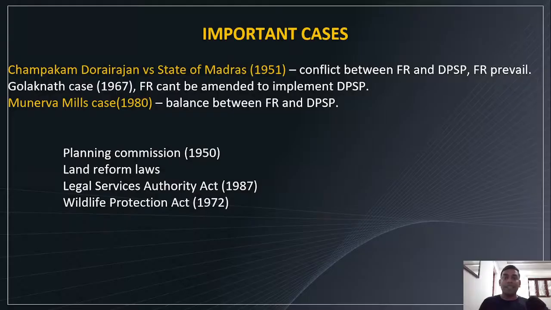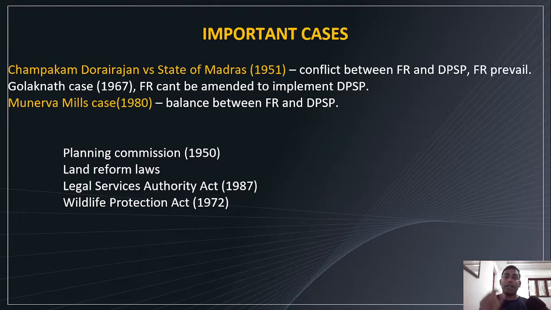Moving on. Let's see some important cases related to fundamental rights and DPSP. You know, fundamental rights are a negative obligation on the part of the government. Why? And DPSP is a positive obligation. Fundamental rights restrict the government from doing something to the people.